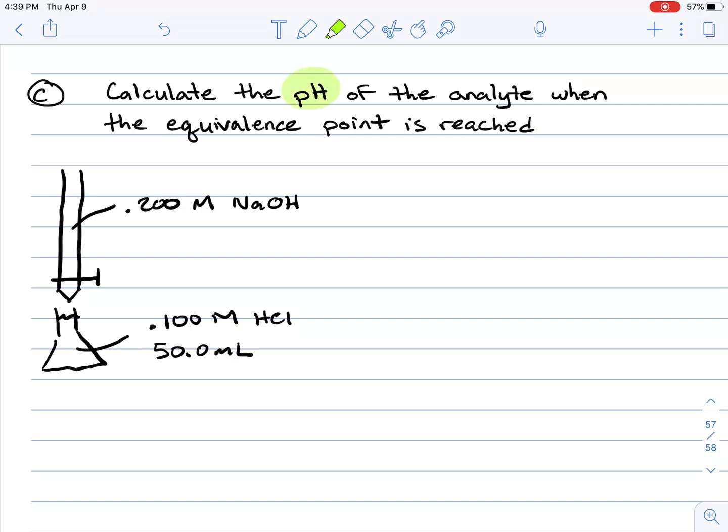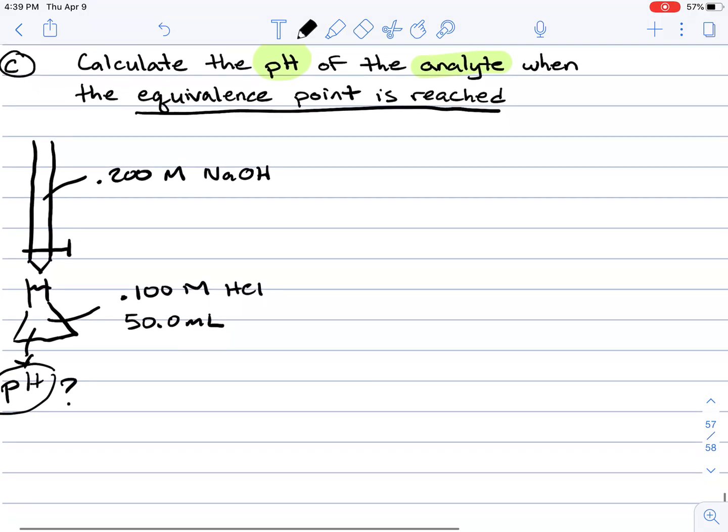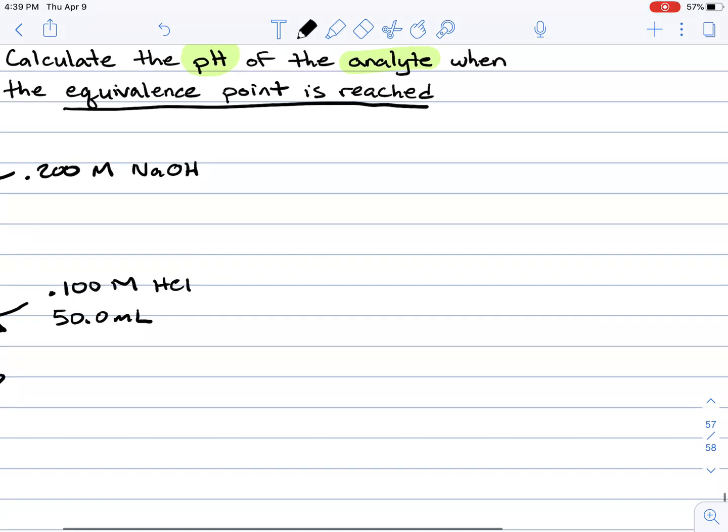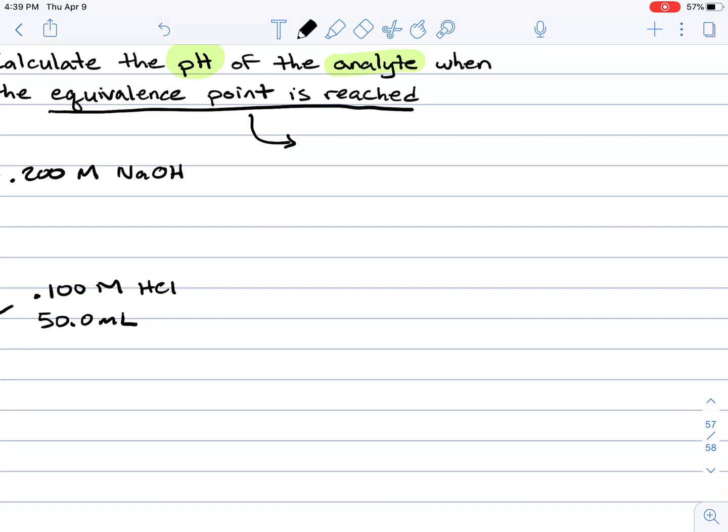All right, so what we're going to do is we're going to calculate the pH of the analyte. And so this is the analyte, so we need to determine the pH, once again, of the solution when the equivalence point is reached. All right. And so let's go ahead and talk about the equivalence point again. If you recall from the previous lecture video, the equivalence point is when the number of moles of acid is equal to the number of moles of base.